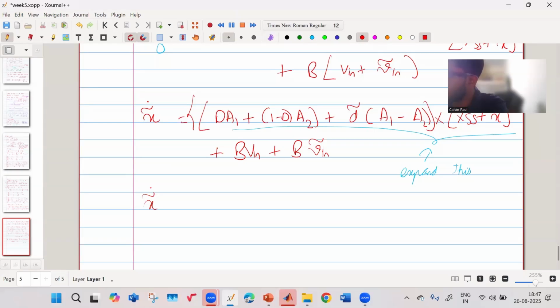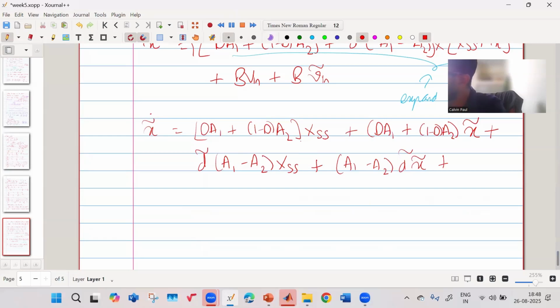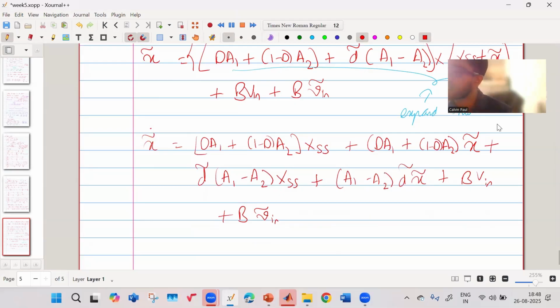We have x perturb dot, that is equal to d into a1 plus 1 minus d into a2, multiplied by x steady state, plus d into a1 plus 1 minus d into a2, multiplied by x perturb, plus d perturb into a1 minus a2 into x steady state, plus a1 minus a2 into d perturb into x perturb, plus b into v in plus b into v in perturb. Okay, this is what we have got when we expand.